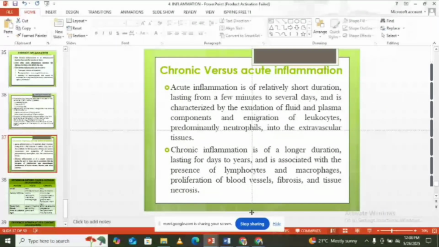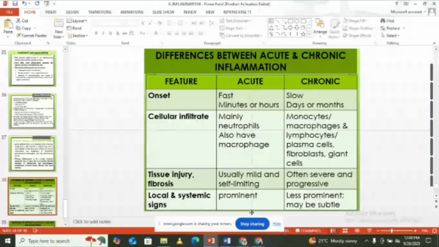So, differentiating chronic inflammation and acute inflammation: acute inflammation lasts for a short duration compared to chronic inflammation, which lasts for a longer duration. So you can see here, the onset of acute is fast, chronic is slow, it's insidious, takes time. Cellular infiltration with acute inflammation, like we said, is mainly the neutrophils.